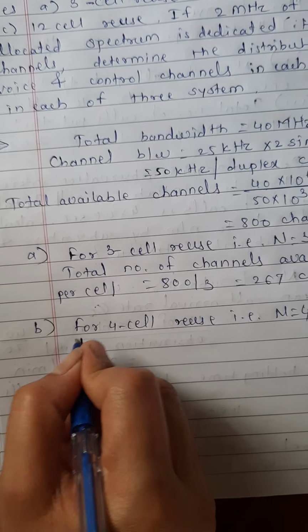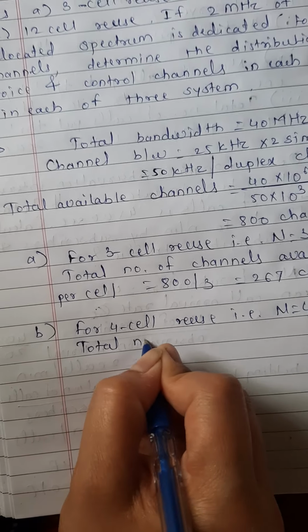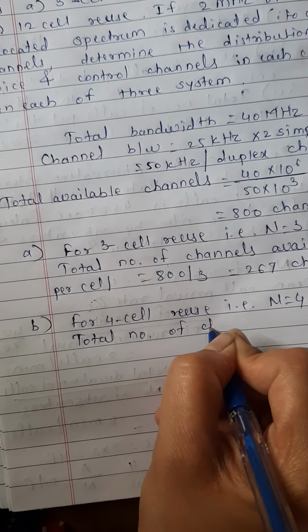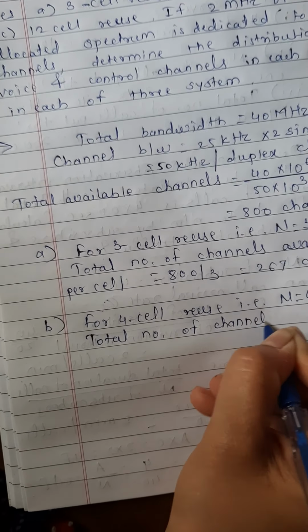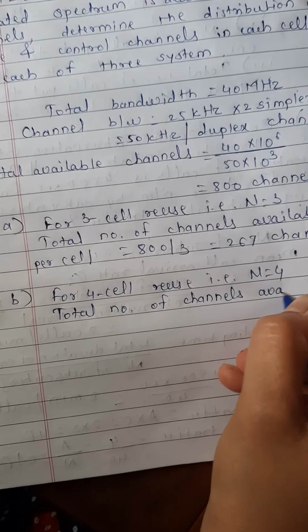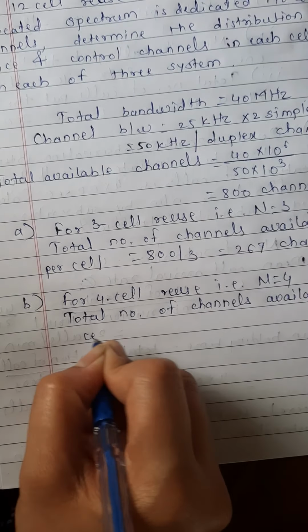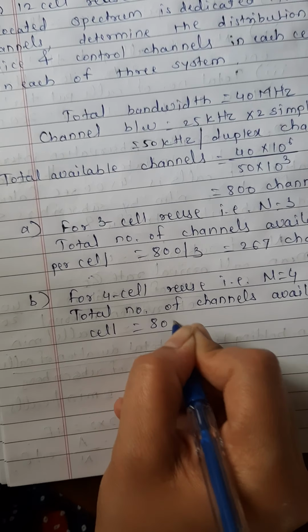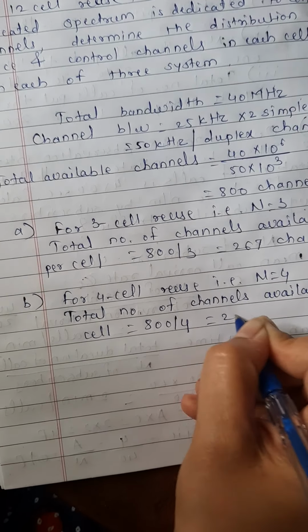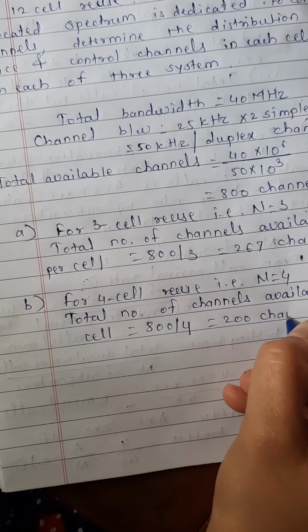Total number of channels available per cell is 800 divided by 4, so it is 200 channels.